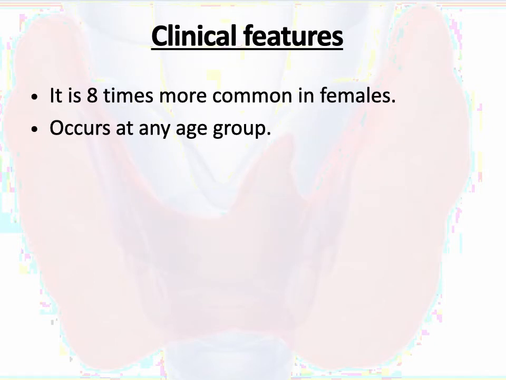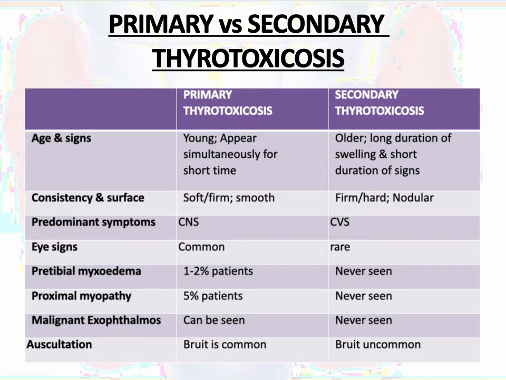Clinical feature: it is 8 times more common in females and occurs at any age group. Now, this is primary versus secondary thyrotoxicosis. It's very important for physicians as well. Just see, age and signs. Primary, that is the problem with the thyroid gland itself. Secondary, the problem is outside the thyroid gland, maybe in the pituitary or somewhere else. Primary, young patients.